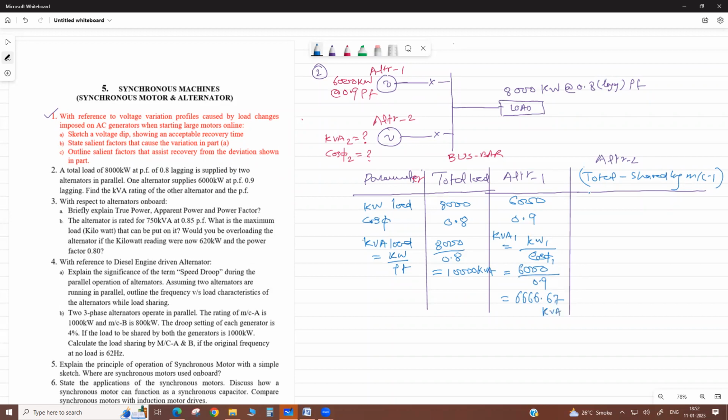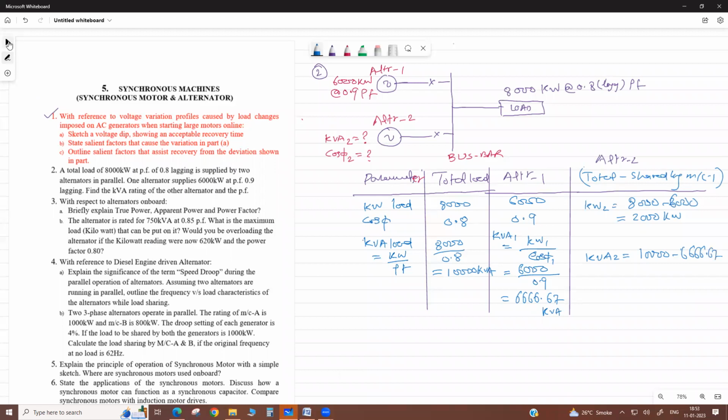Then we calculate the kilowatt load on machine 2. Kilowatt 2 is total 8 minus 6. We get 2000 kilowatt. Then we calculate kVA load. kVA 2 equals total kVA 10,000 minus shared by this machine.